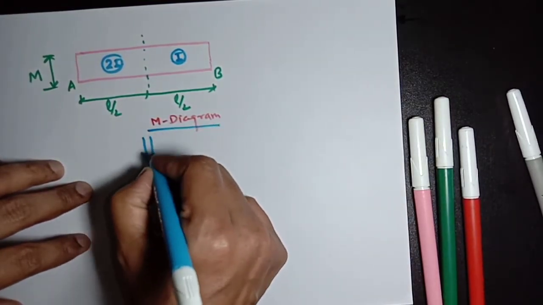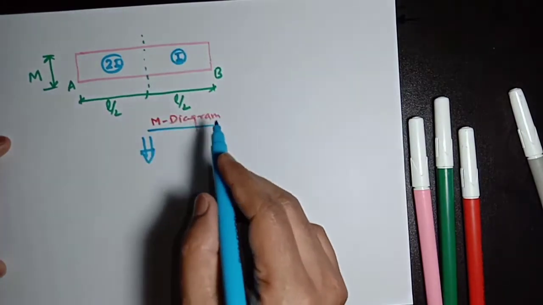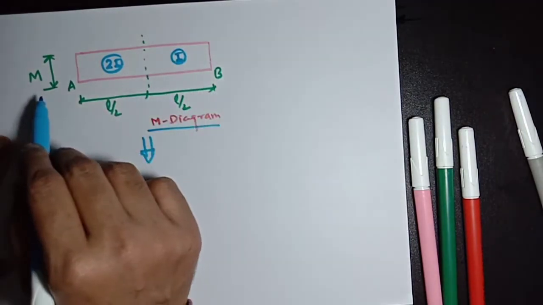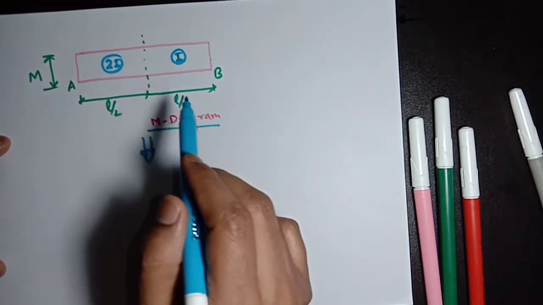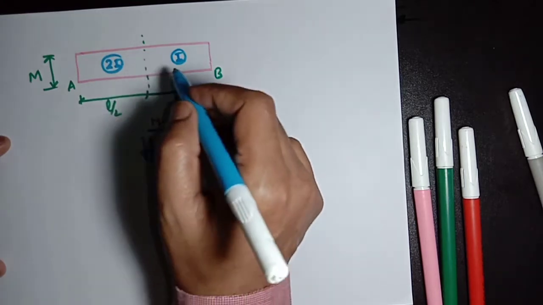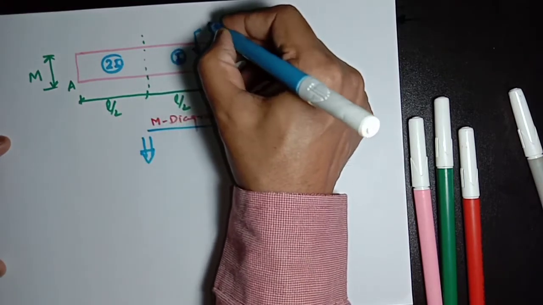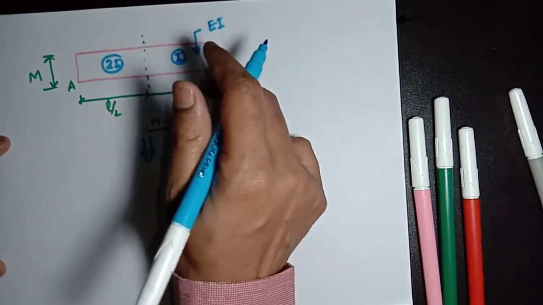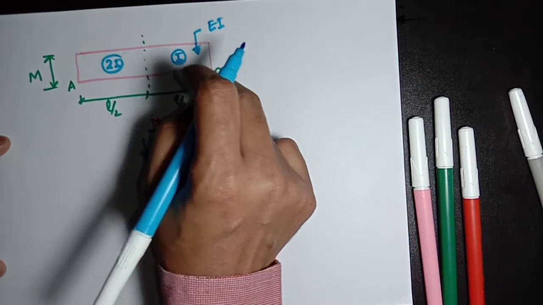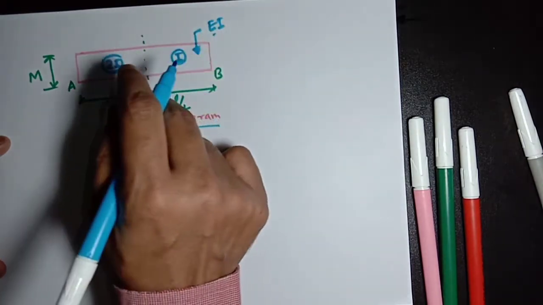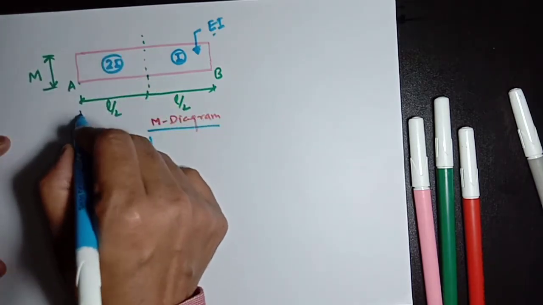Through this M diagram we are going to draw the M over EI diagram. Every y coordinate of the bending moment diagram is going to be divided by a constant value of flexural rigidity. Here the flexural rigidity value is EI.